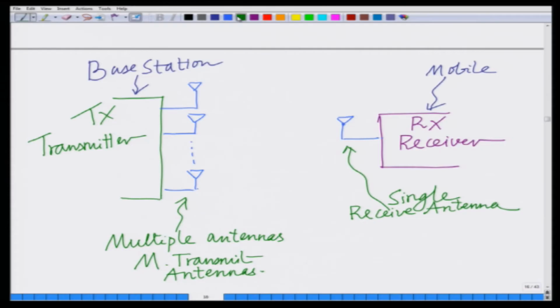So, we are considering a multi-antenna downlink wireless communication scenario where the base station has multiple antennas and the mobile has a single antenna. Now, naturally, since there are multiple antennas, there are going to be multiple channel coefficients corresponding to these multiple antennas, and since there are M antennas, there are going to be M channel coefficients H1, H2 up to HM, right.